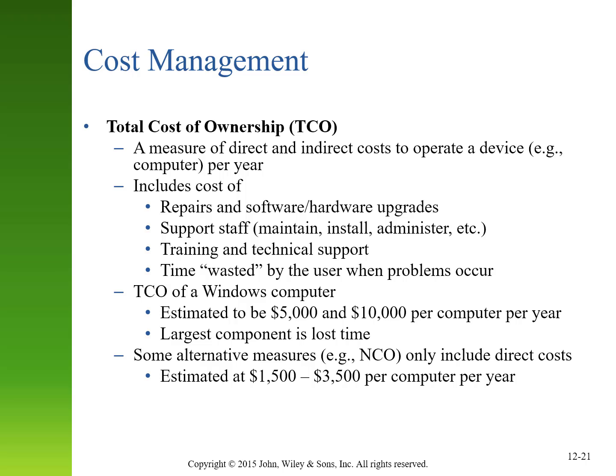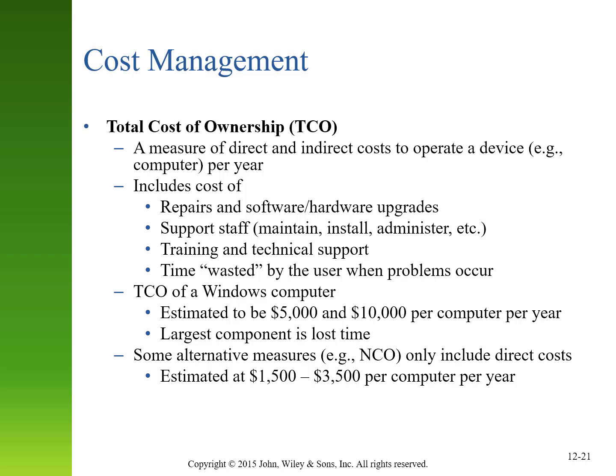Total cost of ownership for a typical Windows computer could be something between $5,000 and $10,000 for each computer for every year. But the largest component of this is lost time, and some would argue that's not fair. So if we leave out the lost time component, net cost of ownership typically is between $1,500 and $3,500 per computer per year. It's still a very high cost.